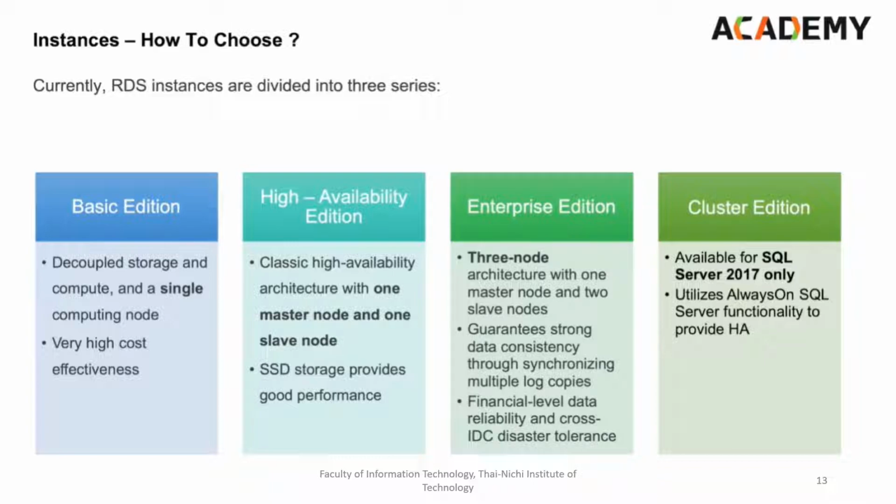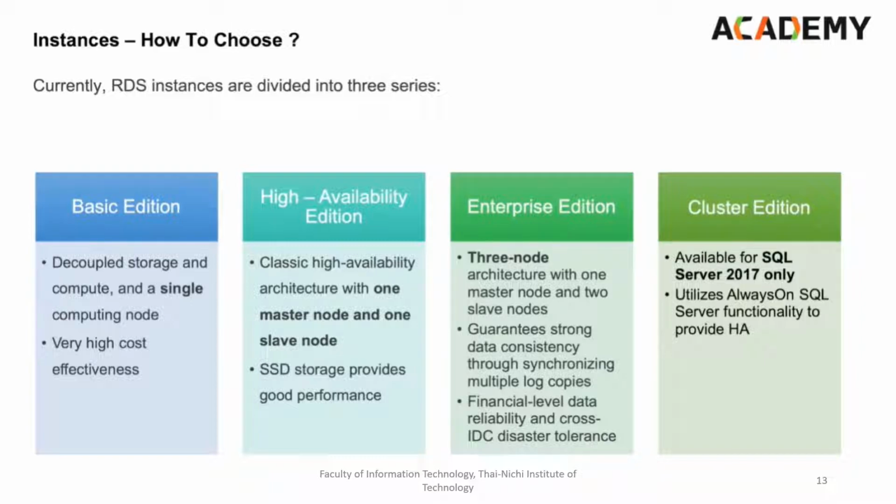And then we have the enterprise edition. The enterprise edition has 3 nodes. That is, in the 3 nodes it has one master node, just like the high availability edition. But unlike the high availability edition, in the enterprise edition we have 2 slave nodes. We have one slave node in high availability, but there are 2 slave nodes in the enterprise edition.